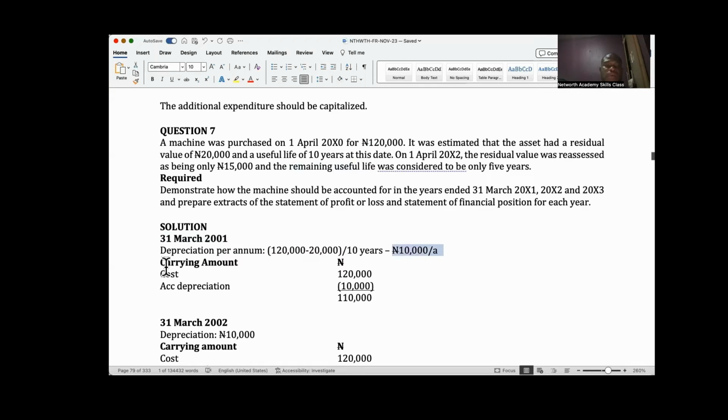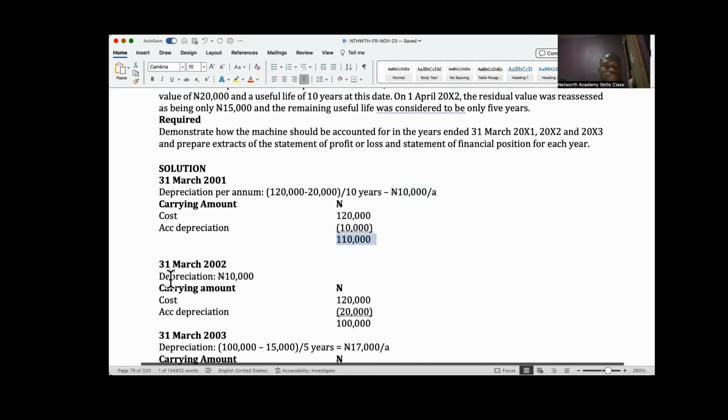So my carrying amount is simply cost minus accumulated depreciation. My cost is 120,000. My accumulated depreciation is 10,000 in year 1. That gives me 110,000 as carrying amount. In year 2, my depreciation is still going to be 10,000 because nothing has changed. So it's still that 10,000.